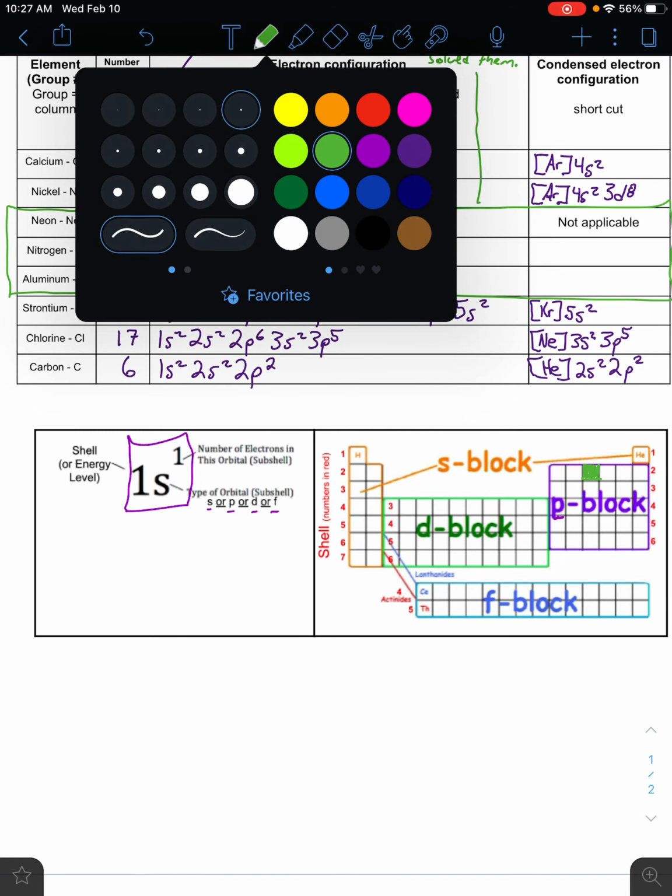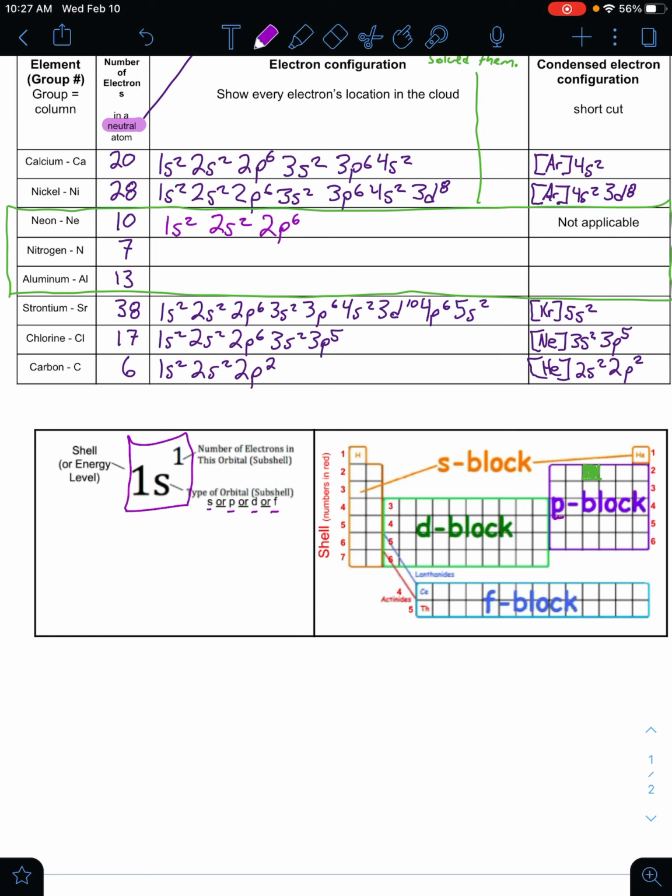All right. We have 1s, 1, 2. 1s2. Then 2s, 1, 2. 2s2. Then we have 2p, 1, 2, 3. 2p3. We don't say 2p6 because we had to stop here.